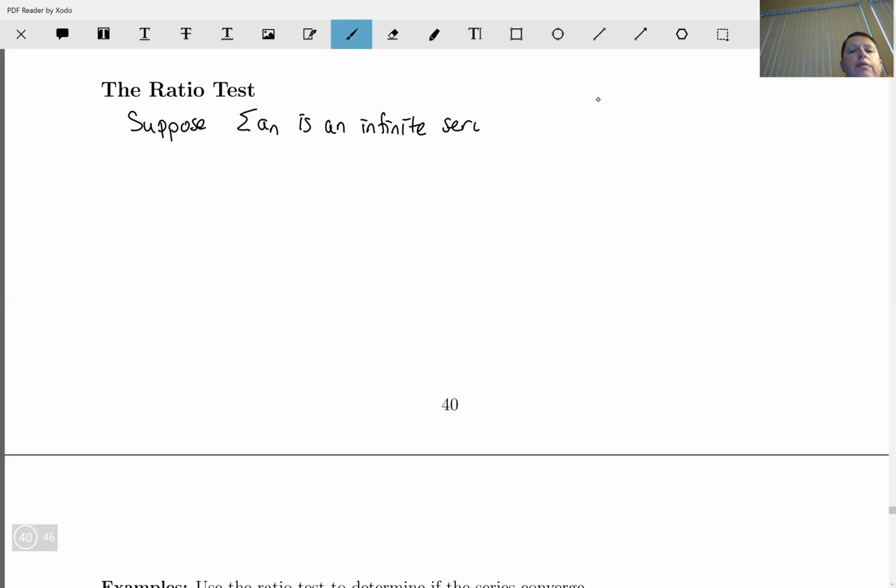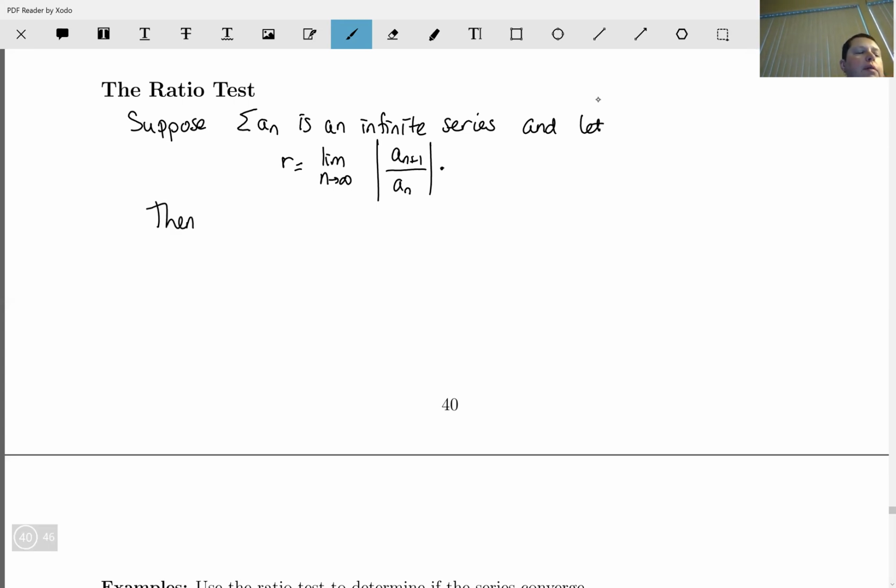So that is an infinite series. And we're going to define R as the limit as n goes to infinity of the absolute value of the n plus first term divided by the nth term.